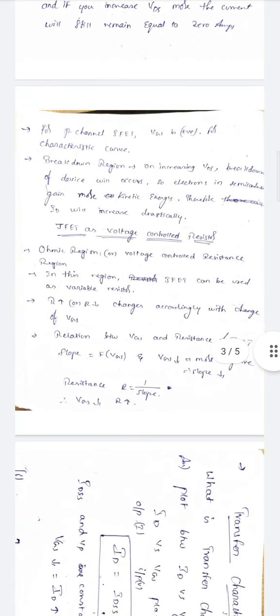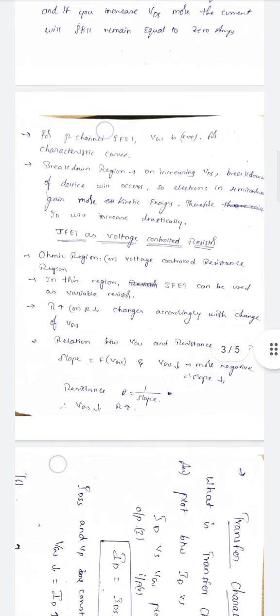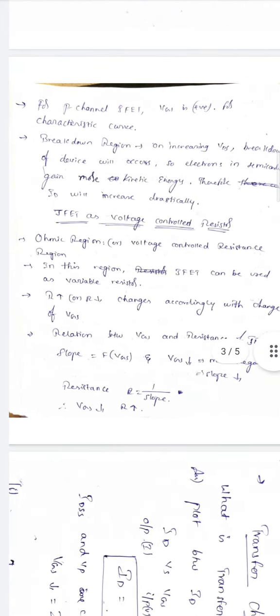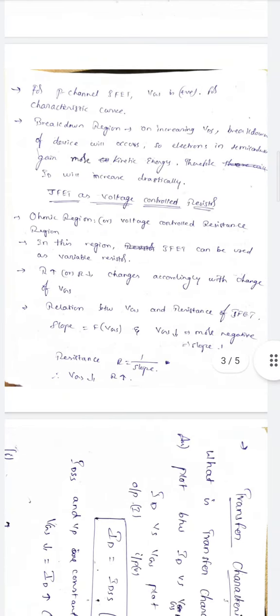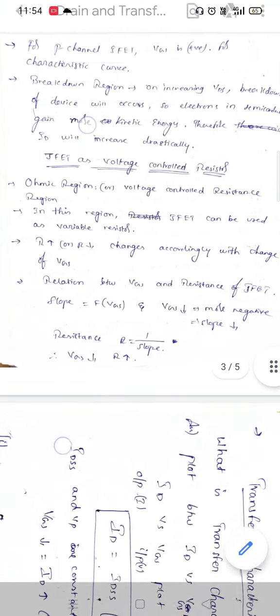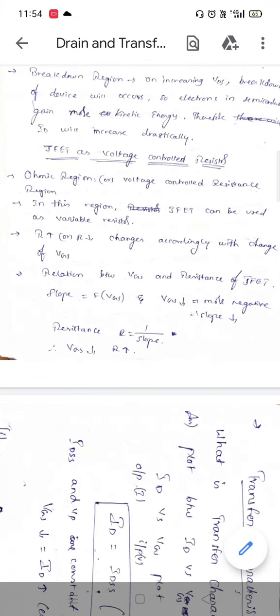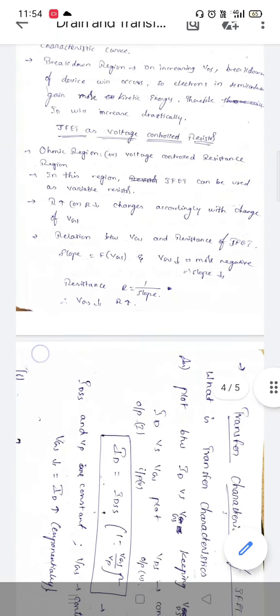Okay. This is all about the drain characteristics. Now, the JFET as a voltage controlled resistor. The ohmic region is also called the voltage controlled resistance region. In this region, the JFET can be used as a variable resistor. The resistance increases or decreases according to the change of VGS.